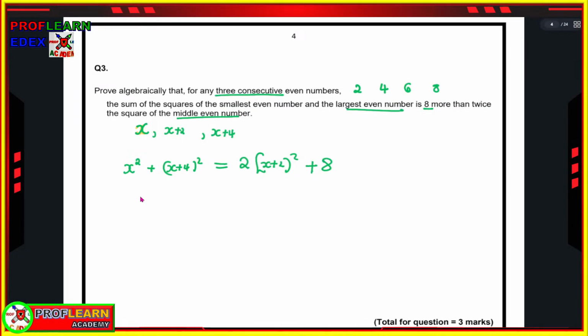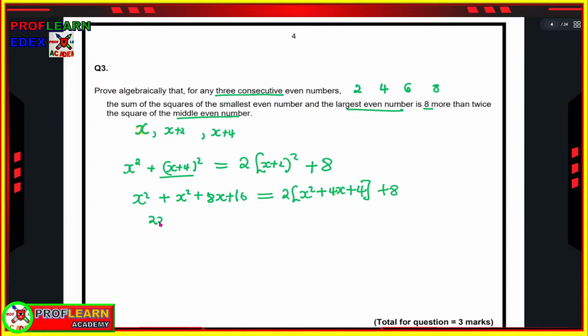So this becomes x squared plus x squared plus 8x plus 16. What I've just done, I've expanded this part, which is equal to 2 into bracket x squared plus 4x plus 4, then plus 8.